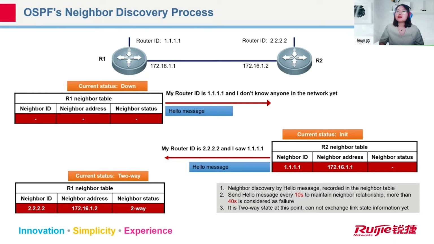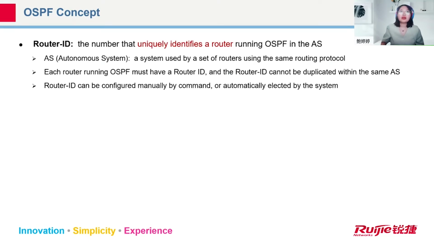In the two-way status at this point, they cannot exchange link state information. So in this step, two-way, they will not begin to exchange the link state. And the next step, we want to exchange. In this process, when we establish the neighbor, there are lots of parameters we have to know.